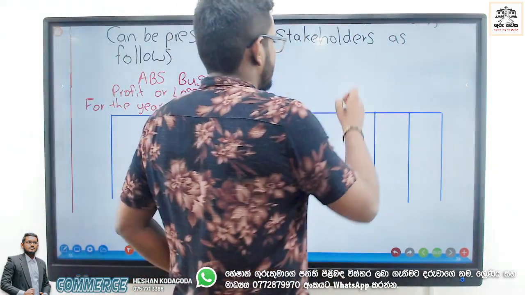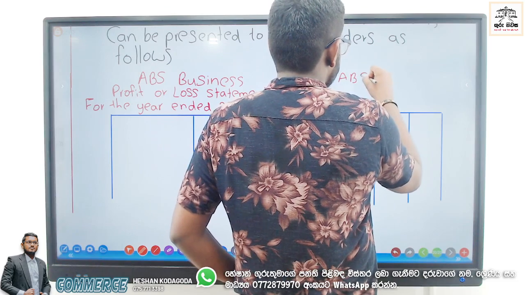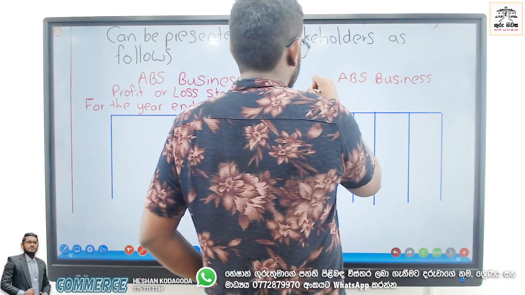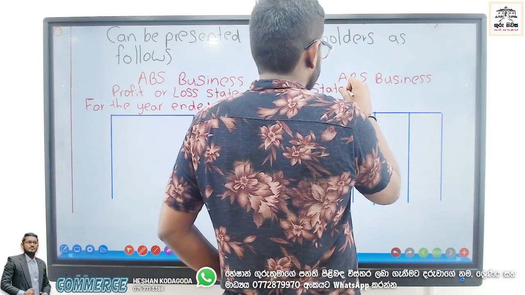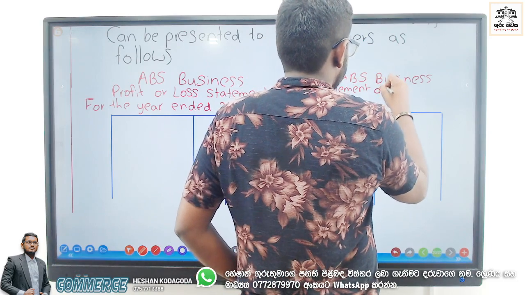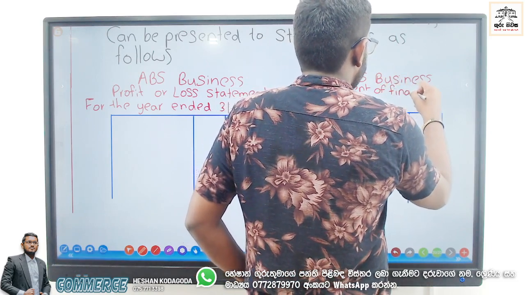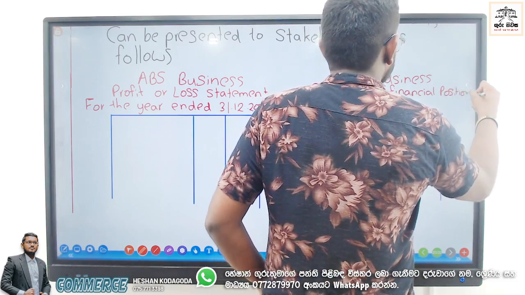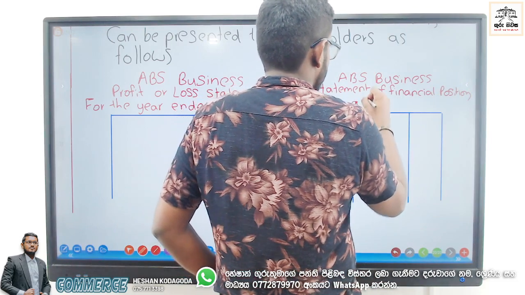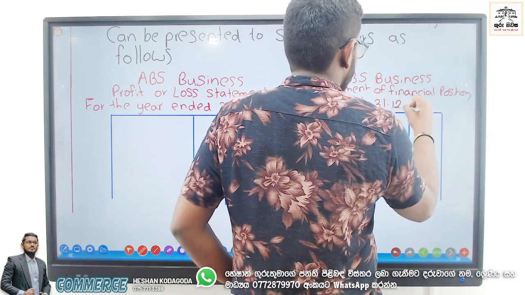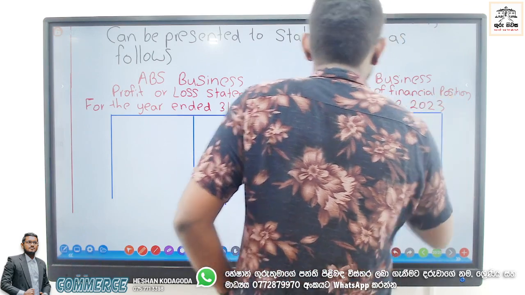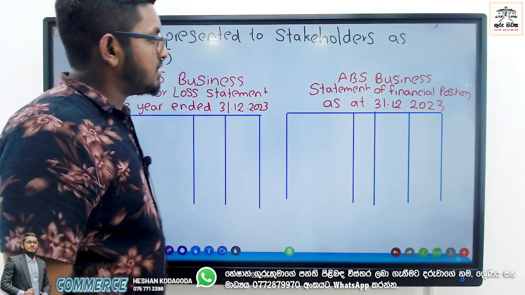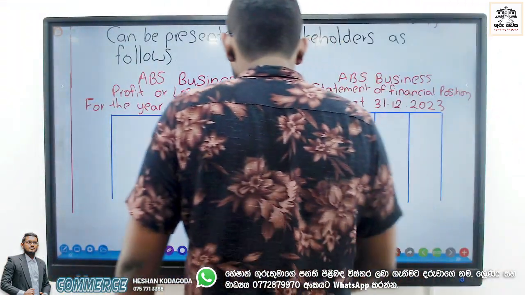But when we write SOFP: ABC business, statement of financial position as at 31st December 2020. So for the year ended for P&L, as at for SOFP, right?